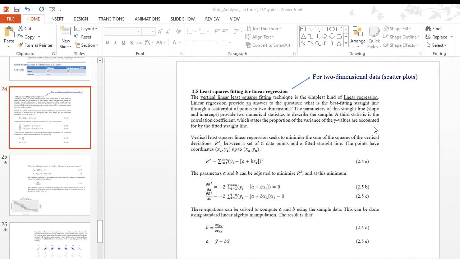A third numerical statistic of the sample is the correlation coefficient, which states the proportion of the variance of the y values which is accounted for by the fitted straight line and the given x values. There is some maths for vertical linear least squares regression.